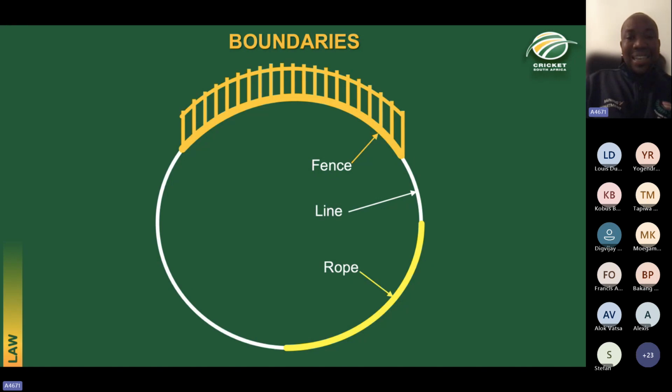Because the inside edge of the line, the inside edge of the rope, or the inside edge of that boundary cushion is the boundary. If there are any posts or flags, then they must be merely indicators of where the boundary is, and they are required to be outside the edge of the line. They are not the boundary, they are indicators as to whereabouts the boundary is.